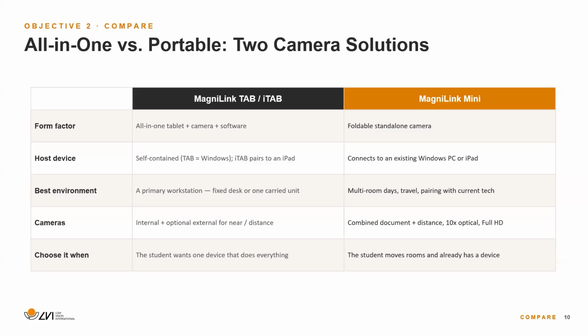And then maybe at home, you might want to connect the Mini to your PC so that you can do some OCR, capture images in your textbooks, or use the note filling form to complete some worksheets. So the MagnaLink Mini, you're going to be able to connect it to multiple different devices, iPads or PCs, in different locations. The camera with the Tab or iTab is just within that one unit.